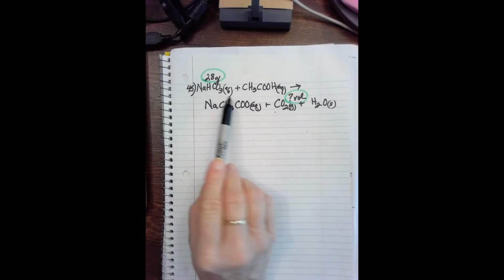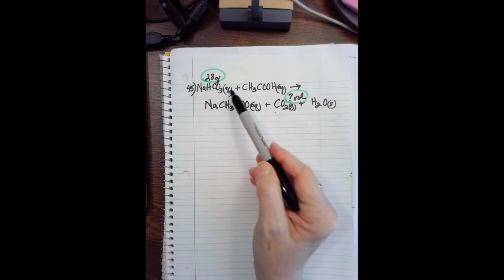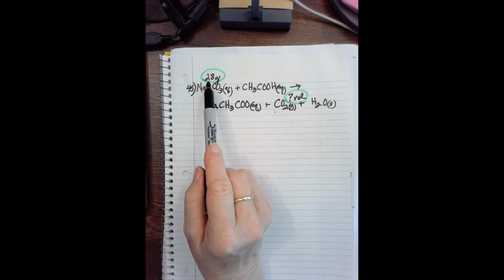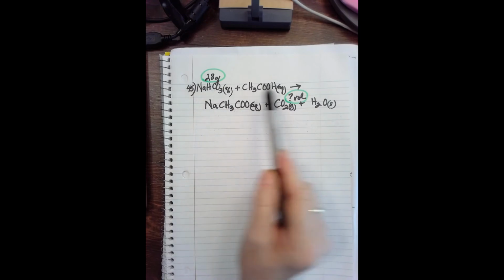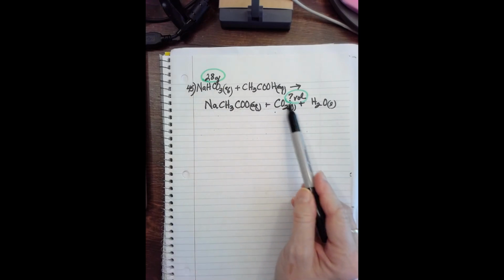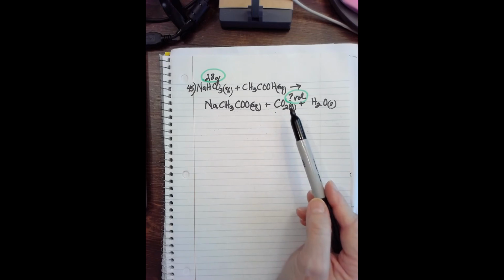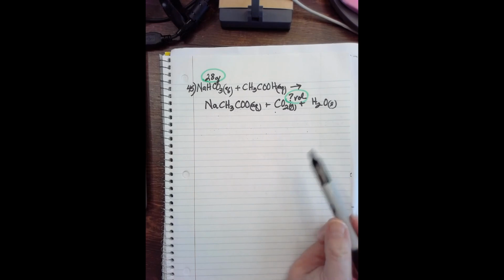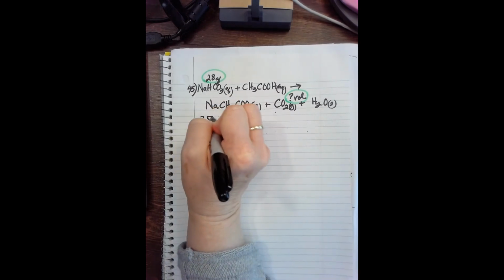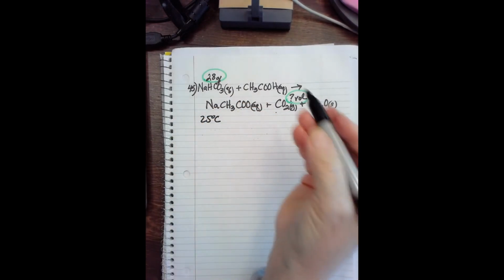So it says, again, this is aqueous. So 28 grams of this reacts with vinegar, and then how much of the gas can we produce? And let's see, do we have any other information? Oh, and when we read it, it says that we started at 25 degrees Celsius, but the gas cooled.